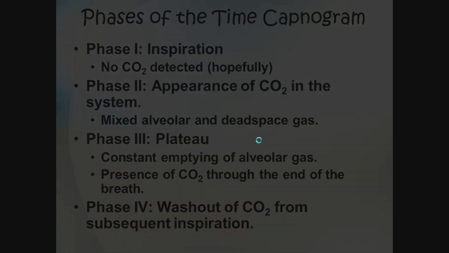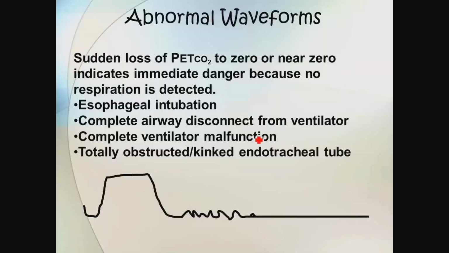Some abnormal waveforms. These might make good test questions, just saying. Sudden loss of end tidal CO2 to 0 or near 0. This is basically where you're not having any CO2 being sensed, and that is indicative of either a total disconnect, esophageal intubation, tube has come out, obstructed endotracheal tube, not a good thing.